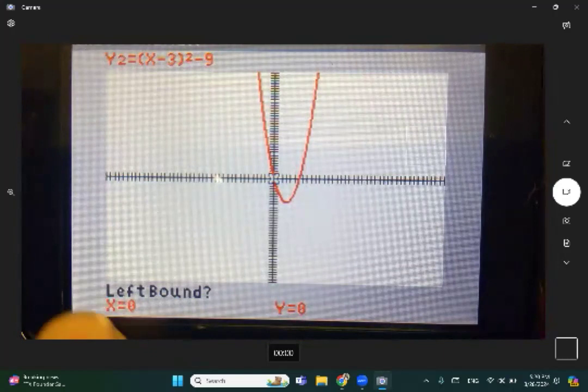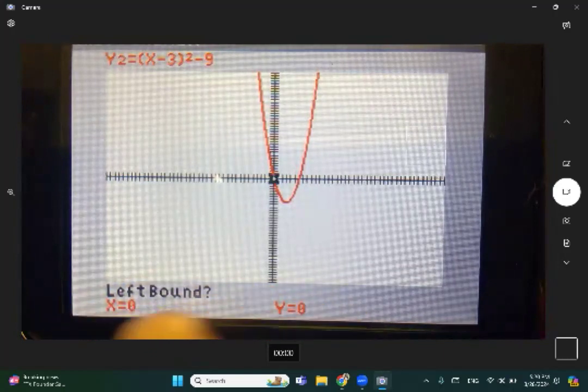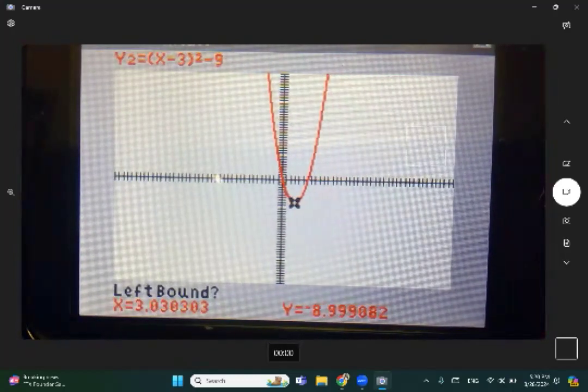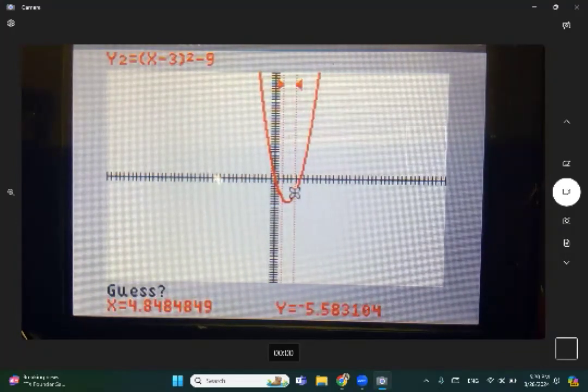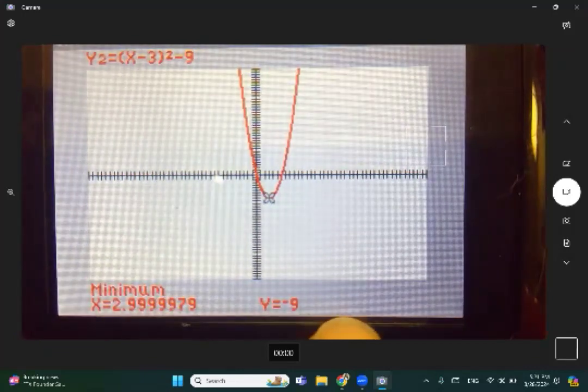Remember, your star always starts on the y-intercept, which here is 0, 0, just in case you ever need to know that. Go to the vertex, and now we need to go to the left of the vertex right here. So I'm going to go to the left side, move over to the right, enter, and there's my vertex, 3, negative 9. Okay.